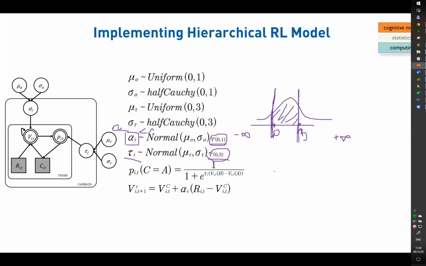And you might imagine, if you are curious, well, we know there's something which doesn't have a range, but we just arbitrarily give a cutoff, 0 to 1, 0 to 3. Will that cause problems? Indeed, yes, this is quite problematic in hierarchical fitting.